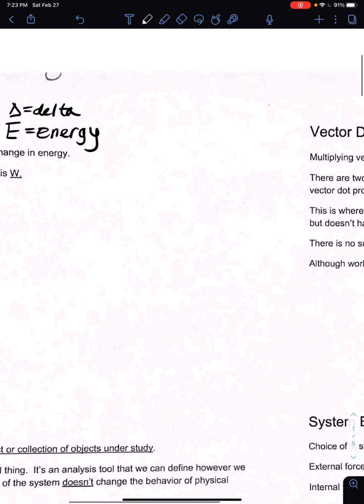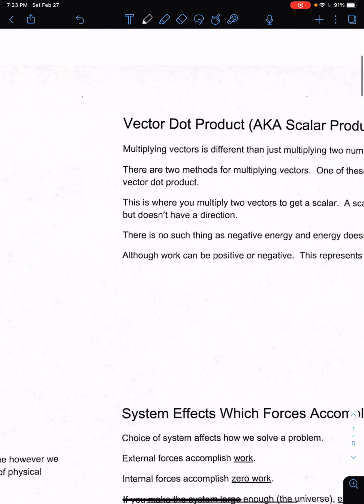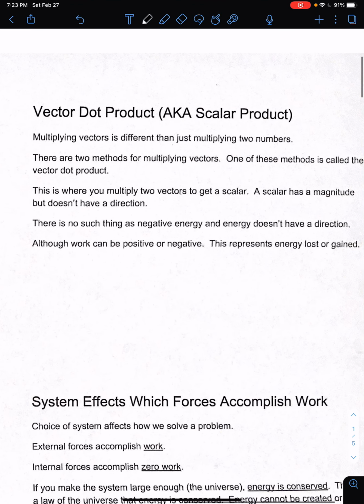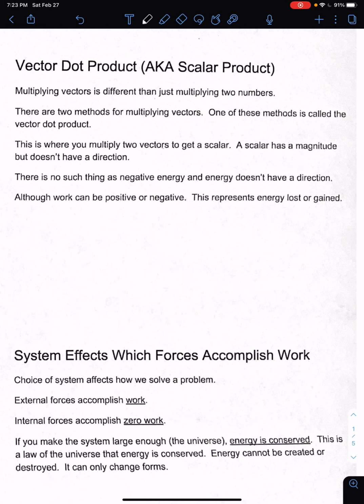Okay, let's go to the next slide here. Okay, so a vector dot product. This is multiplying two vectors, and it's not as simple as multiplying two numbers. If vector multiplication was that easy, there wouldn't be two ways to do it.